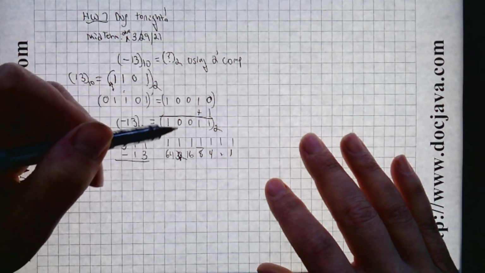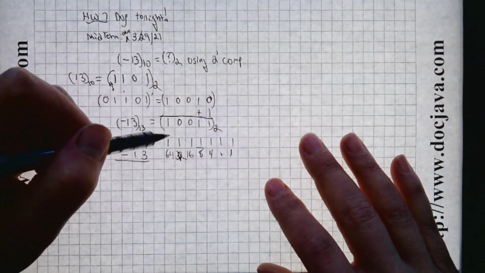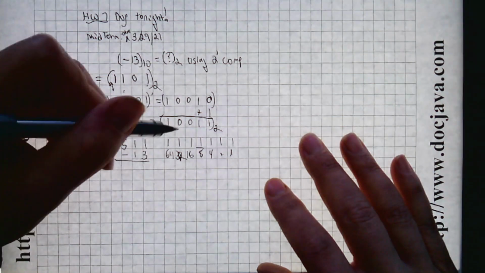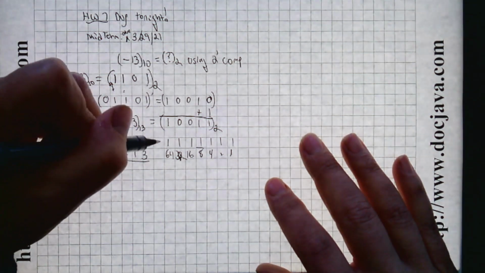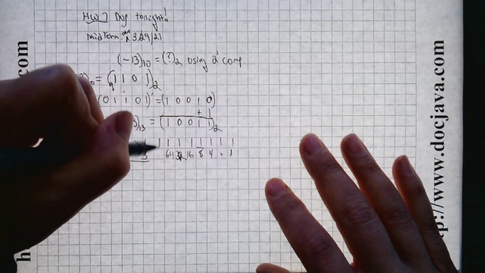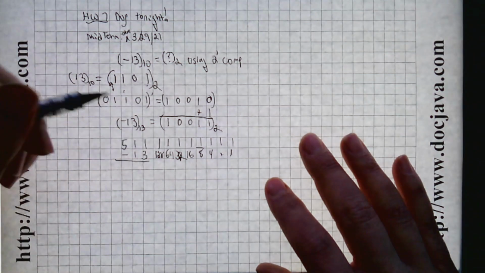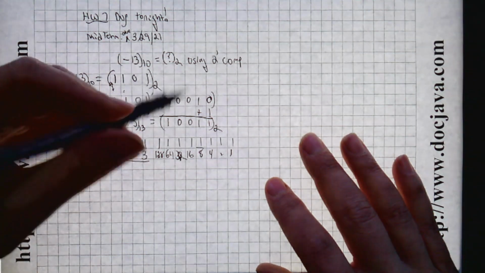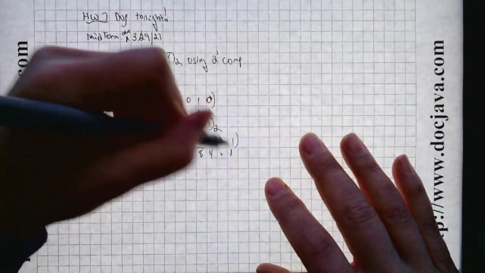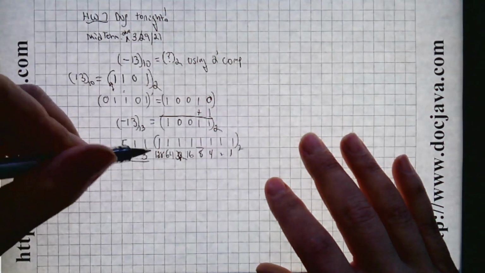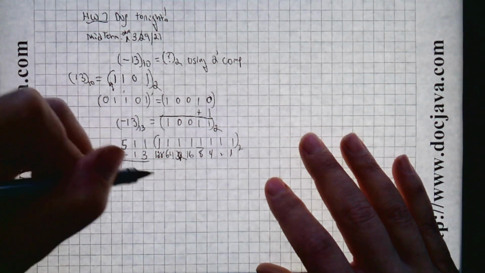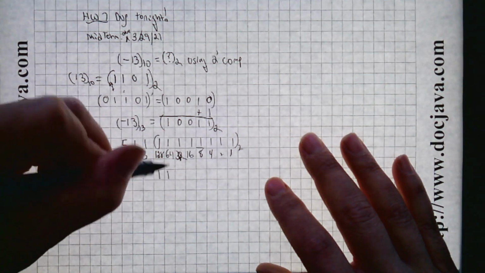So that would be 2 to the 8, which is 256. Oh, wait, we need more. Just a minute. There. So that should be 511 in base 2. And now we want to add the minus 13.